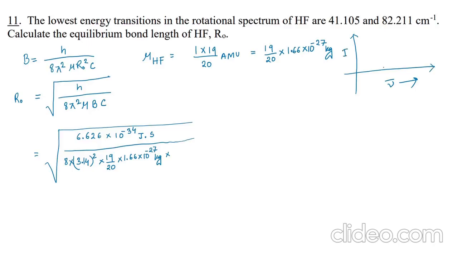They are saying that the first transition occurs at 41.105 and the second transition occurs at 82.211. You already know the gap between lines in the rotational spectrum is the same, and it is 2B. The 2B is 82.211 minus 41.105 centimeter inverse.